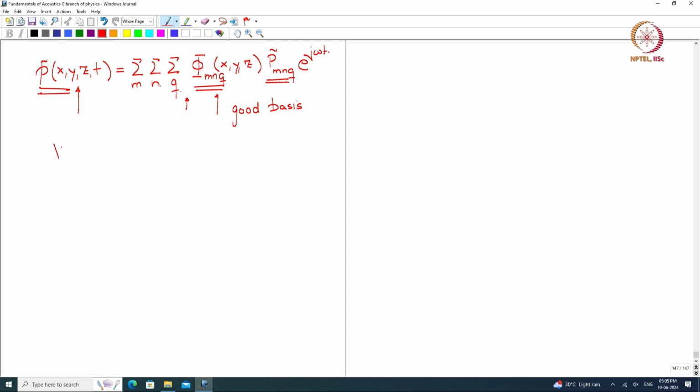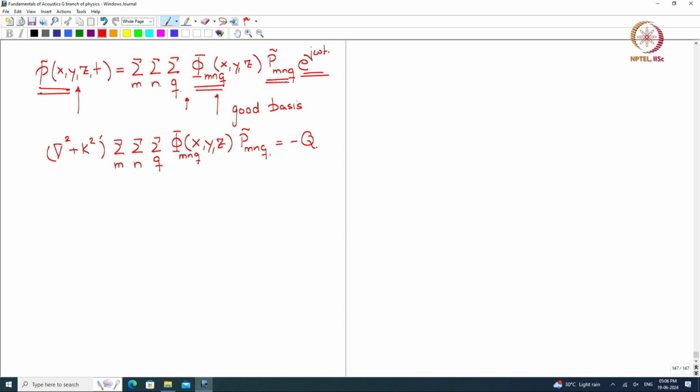I get del square plus k square, summation over m, n, q, phi mnq times p tilde mnq, is now equal to minus Q, and the time has disappeared from both sides.